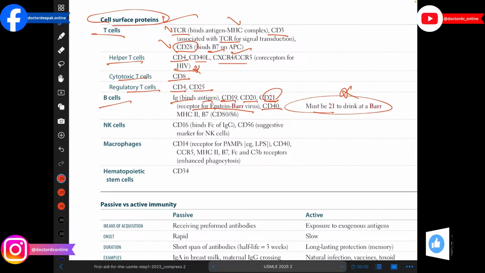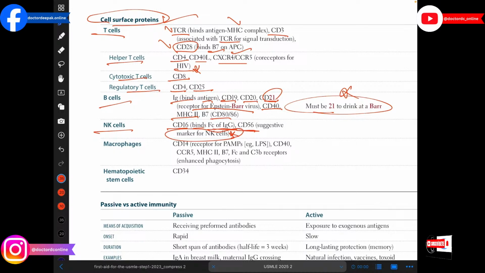So CD40 binds with T cells, MHC class 2, and B7, CD80 and 86, for co-stimulation. The natural killer cell has CD16 for antibody-antigen complex mediated activation, which binds to the Fc portion of immunoglobulin G. They also have CD56, which is a marker of natural killer cells.